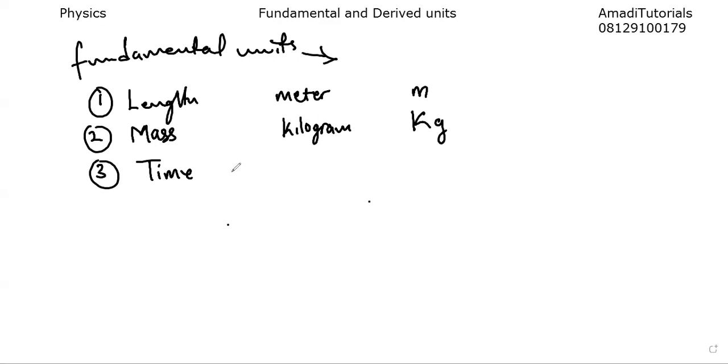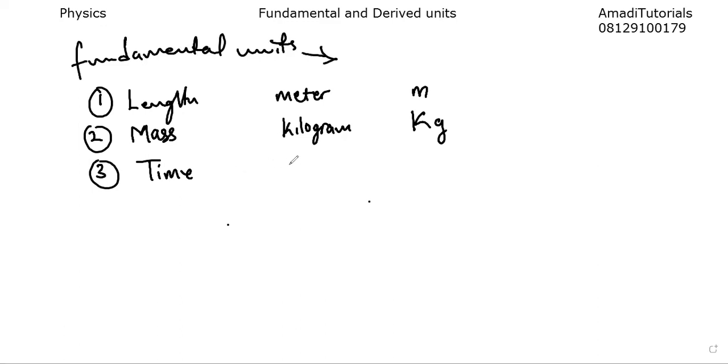So time is one quantity that finds itself in every aspect of life. In fact, life itself is time. Time brings about existence. So time is a very fundamental quantity. You hardly see calculations that do not involve time.